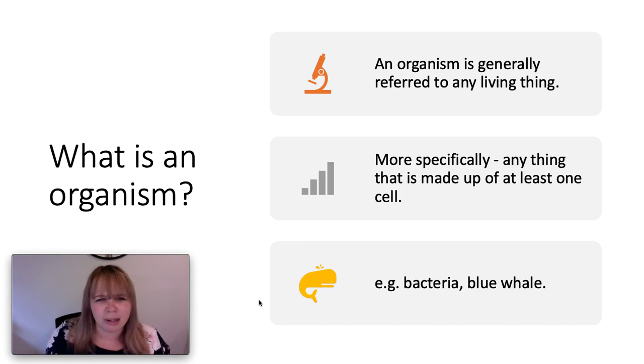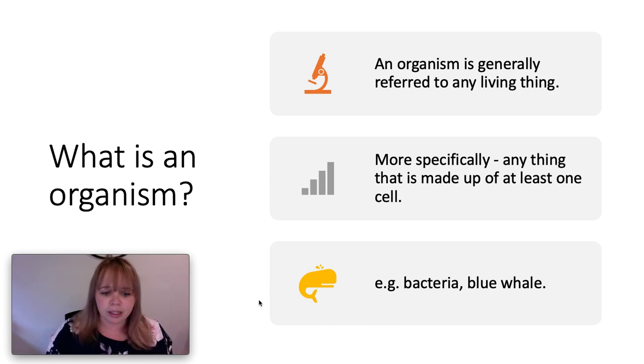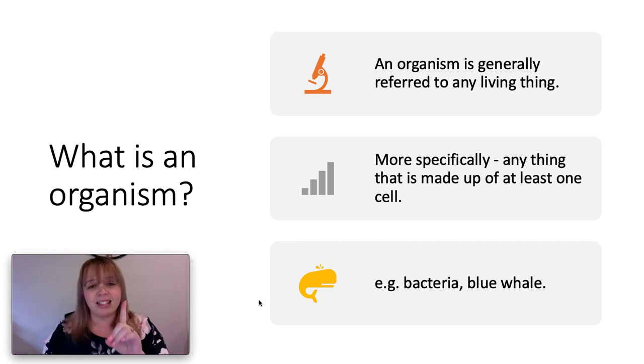So to begin with, I'm going to introduce this one word, and this is a word that you might want to pause and write down some notes about. This word is called an organism. So think about, what do you think an organism might be, and then let's have a look at our definition here. An organism is a general word for any living thing. If you want to be more specific though, we say that it's anything that is made up of at least one cell.